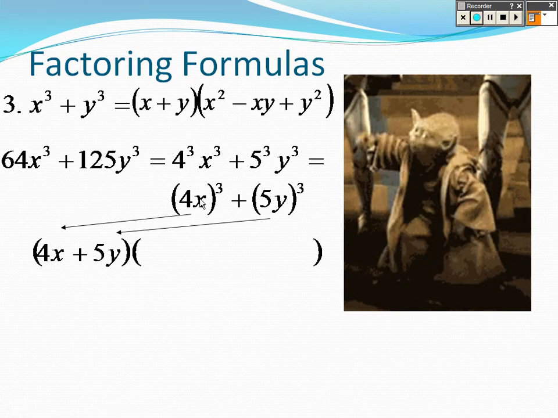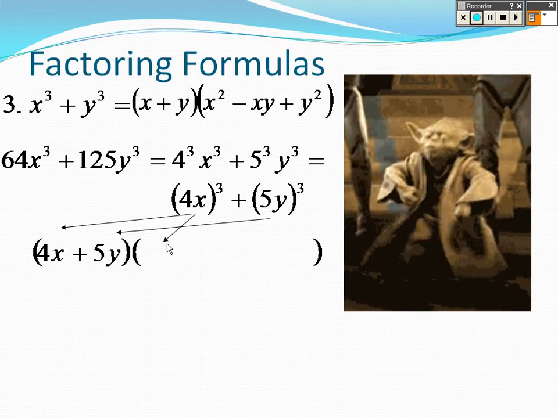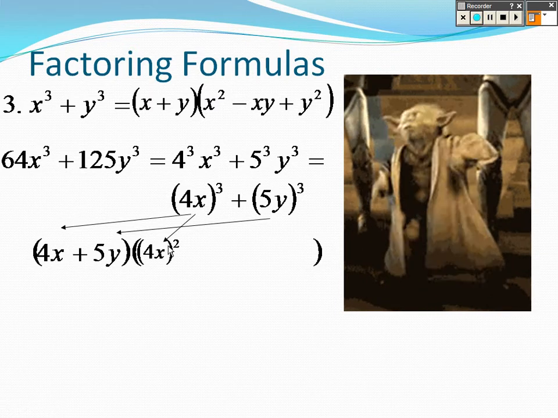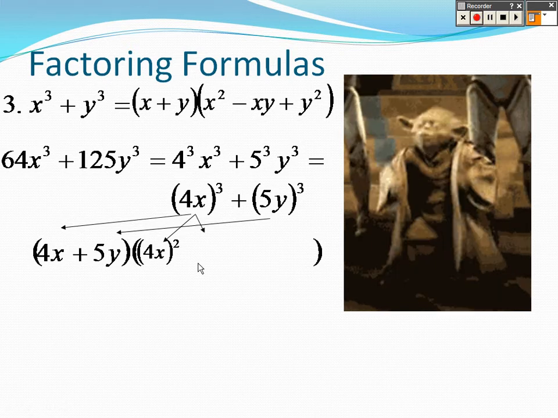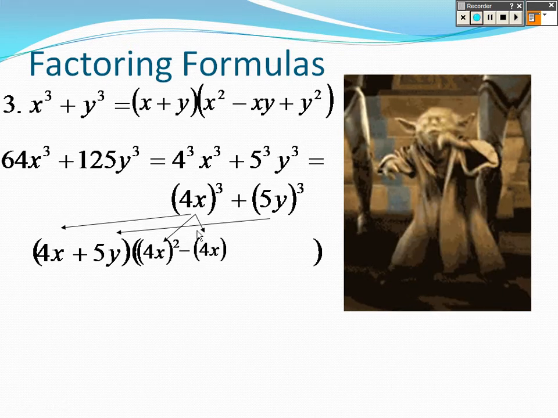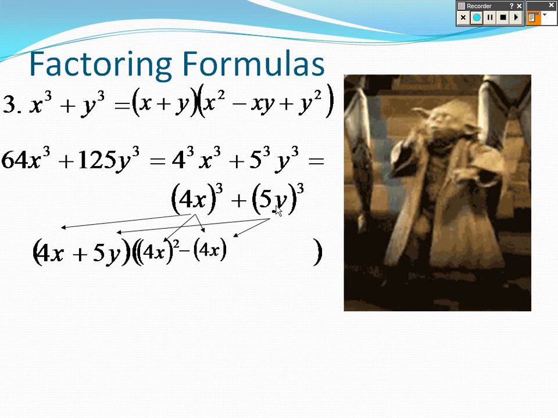Then you take the first item and you square it. Well, that's a 4x, so 4x squared. Now it's minus, right? Because if it's plus here, it's minus here. So it's minus the first term times the second term.